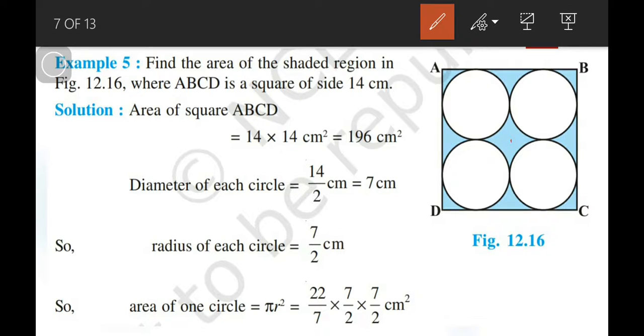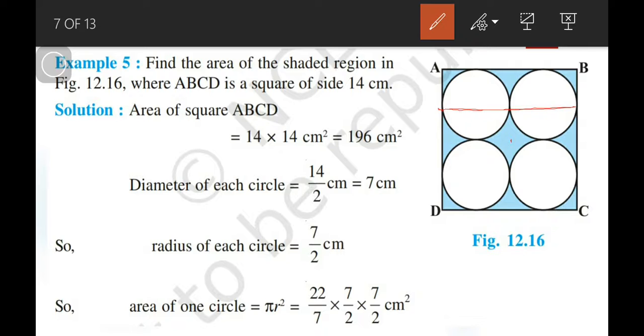So we have to subtract the area of these 4 circles from this square. For that we need to know the radius of the circle. We don't know the radius, but it is given that the square has a side of 14 centimeter, meaning the total length will be 14 centimeter.